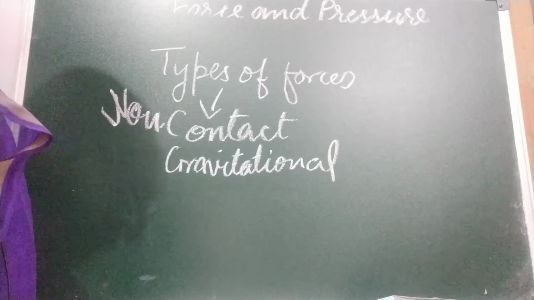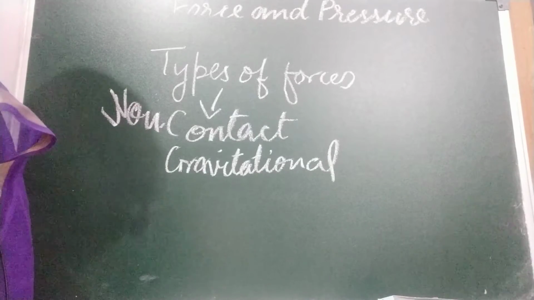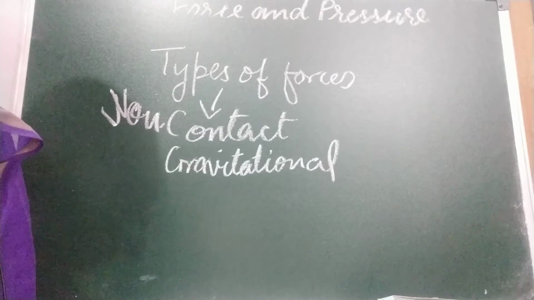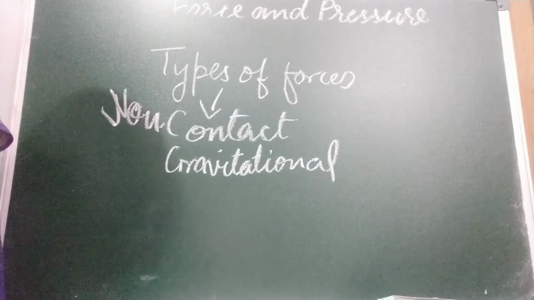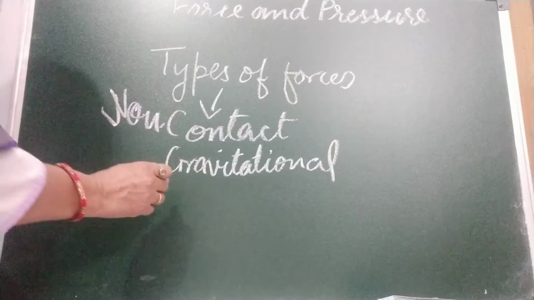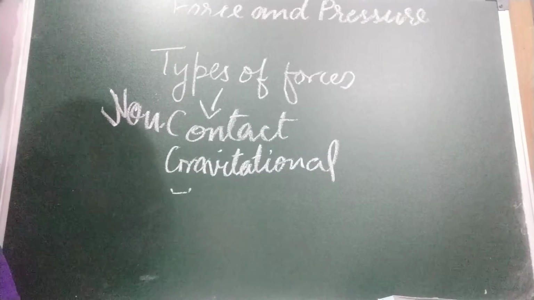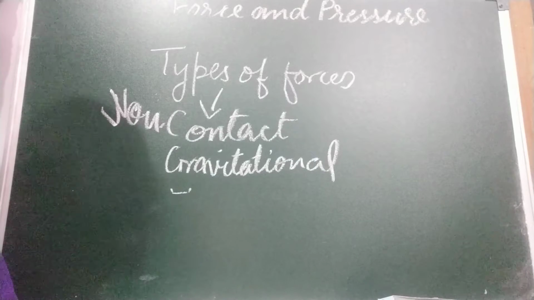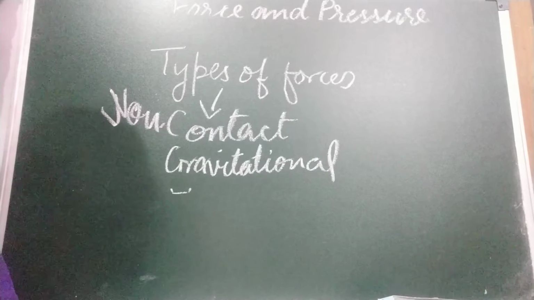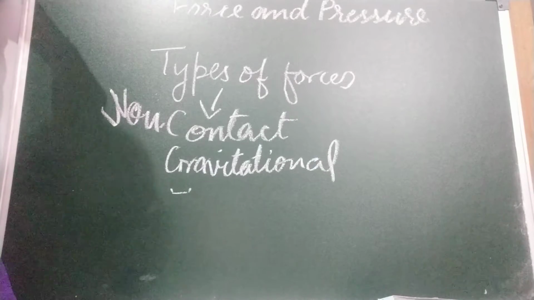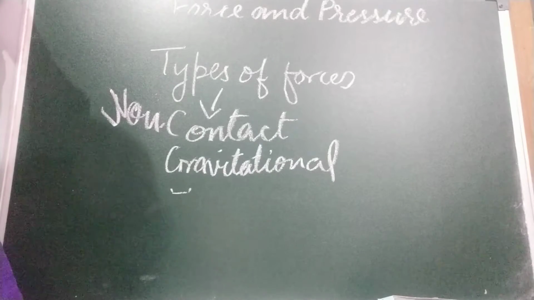Children, here I am going to tell you a very important thing. Gravitational force is the force of attraction between particles of matter. So this is gravitational force. Every object exerts this force on every other object. I am repeating this.